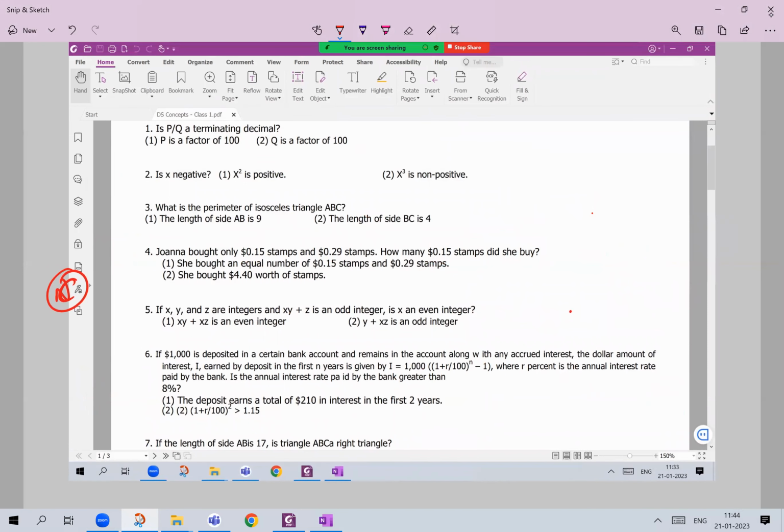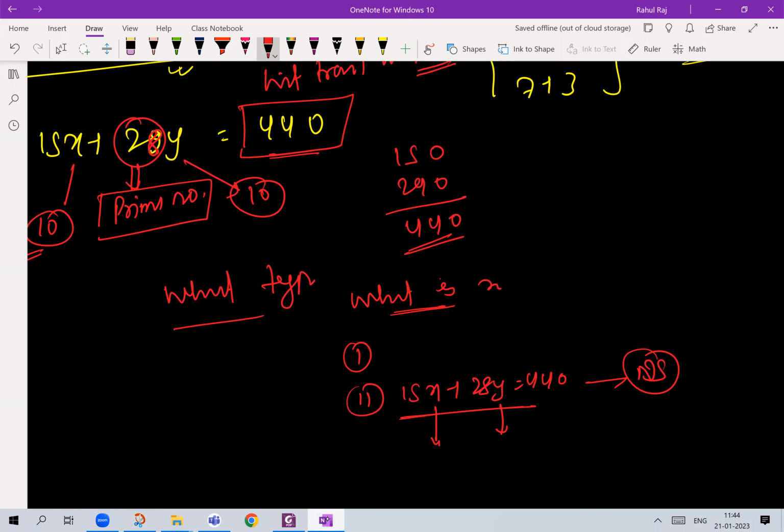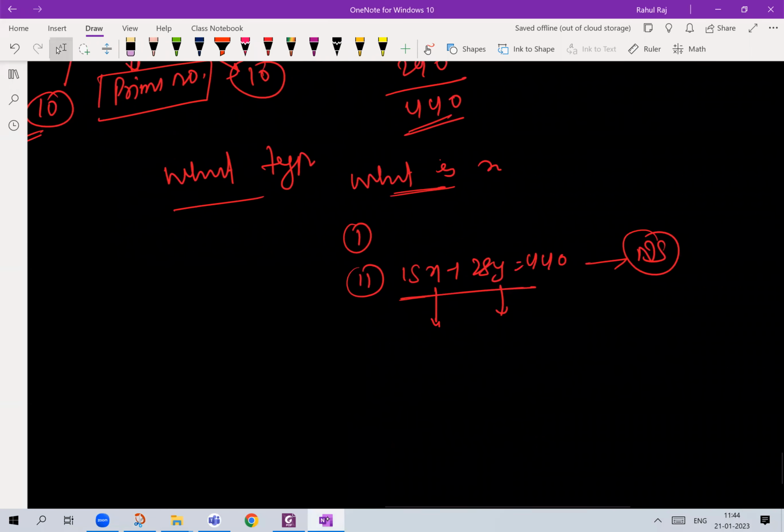In GMAT, in data sufficiency questions, the statements never ever contradict each other. Never ever. Now, what exactly do I mean by that? In later on, you will get to understand by yourself. What do I mean by statements never contradicting each other? Imagine the question is, what is the value of X? You have statement number one something, you have statement number two something.